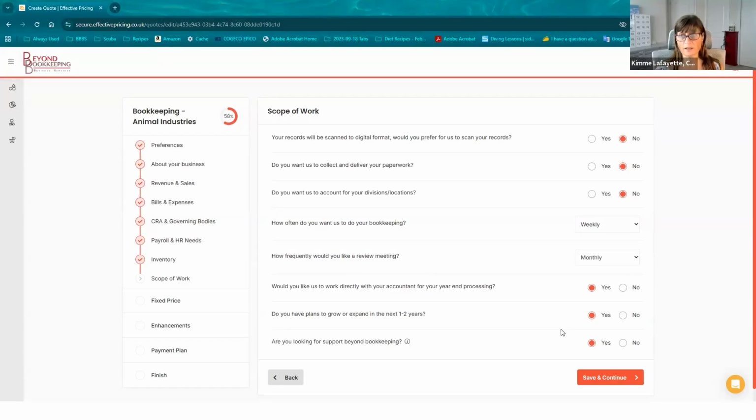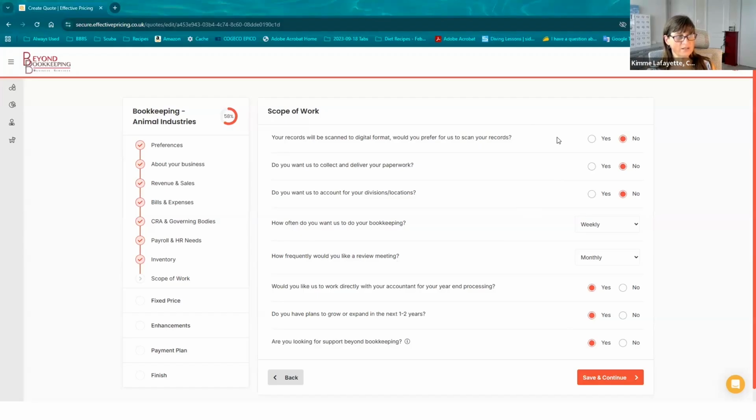However, we can scan paper records for you. Would you like us to do that, or would you provide them to us in a digital format already? No, my kids can scan them. So I will then also say no to the next question, that we don't need to collect and deliver your paperwork.